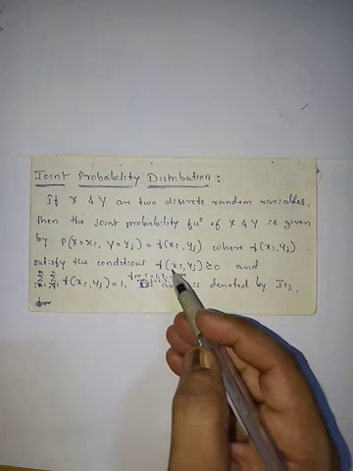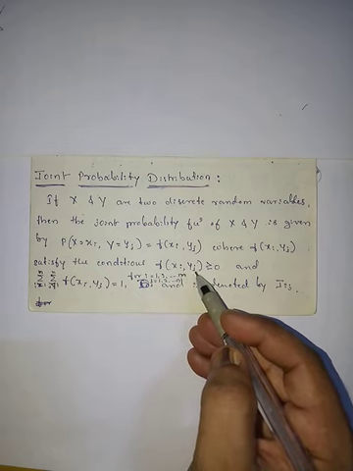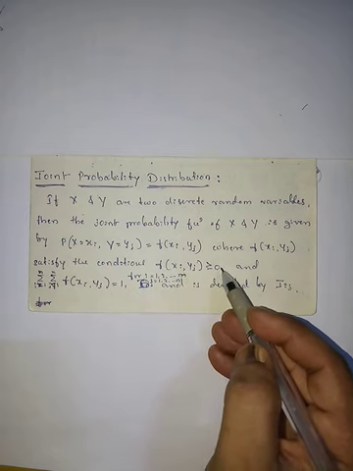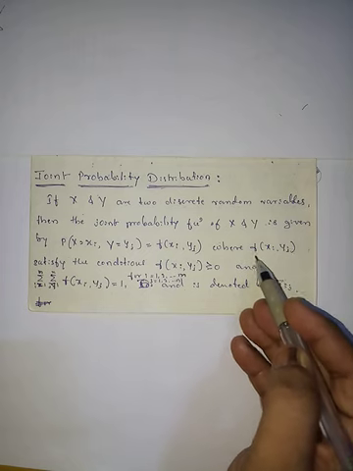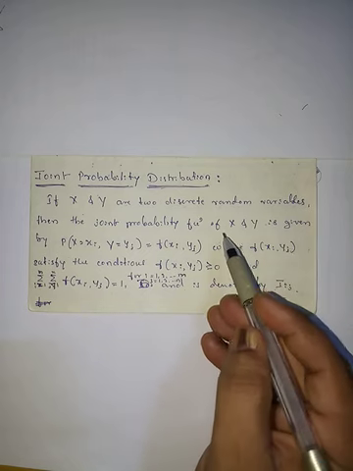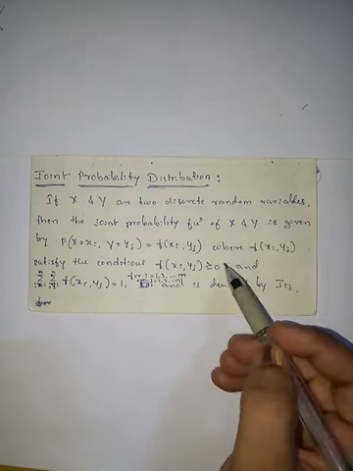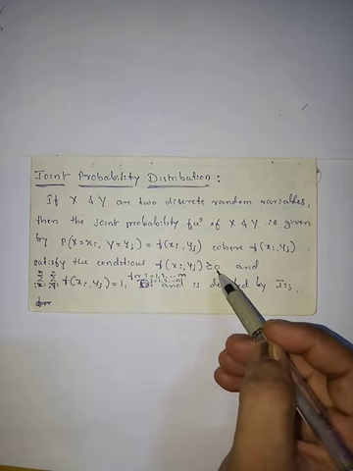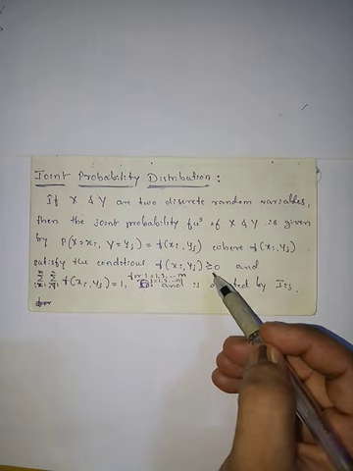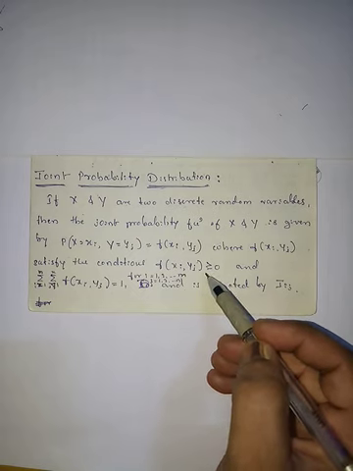The first condition is f of xi comma yj greater than or equal to 0, meaning when we take the joint probabilities of these x and y, that value must be greater than or equal to 0, okay. This should not be negative. This is one condition.